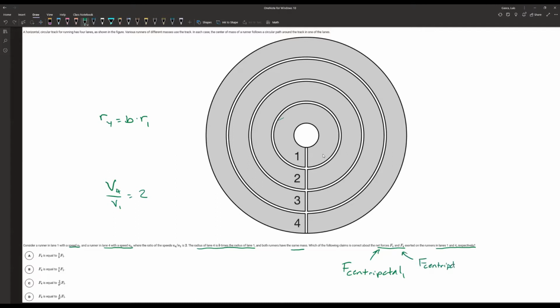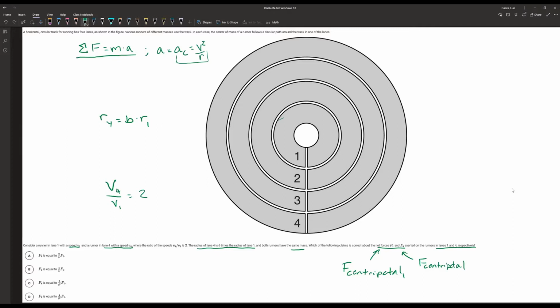So we are going to try to remember, well, what do we know about centripetal force? The centripetal force is really the net force when we move around in a circle. And so the net force, according to Newton's second law, is m times a. And what we have learned is that if we move around in a circle, the acceleration is the centripetal acceleration, which can be calculated by v squared over r.